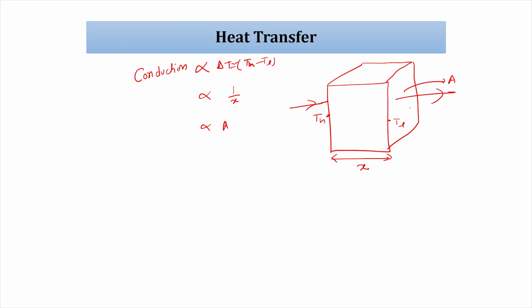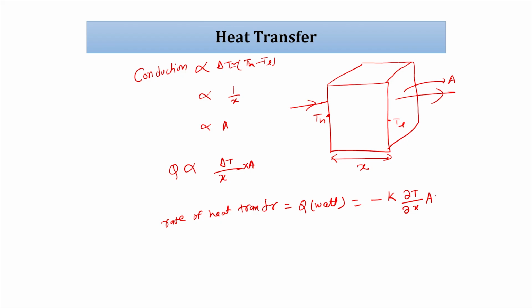So we can write del T by x into A. So we say the rate of heat transfer Q, whose unit is watt, is equal to minus K del T by del x into A. A is the cross section area perpendicular to which heat transfer is happening.